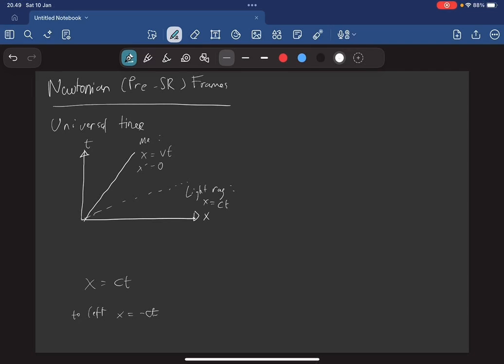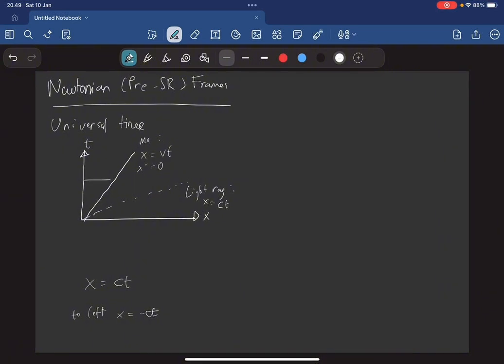I'll call the coordinates in my frame x prime and t prime instead of x and t. The fact that I am moving relative to you with a constant velocity implies that my trajectory through space-time is a straight line.